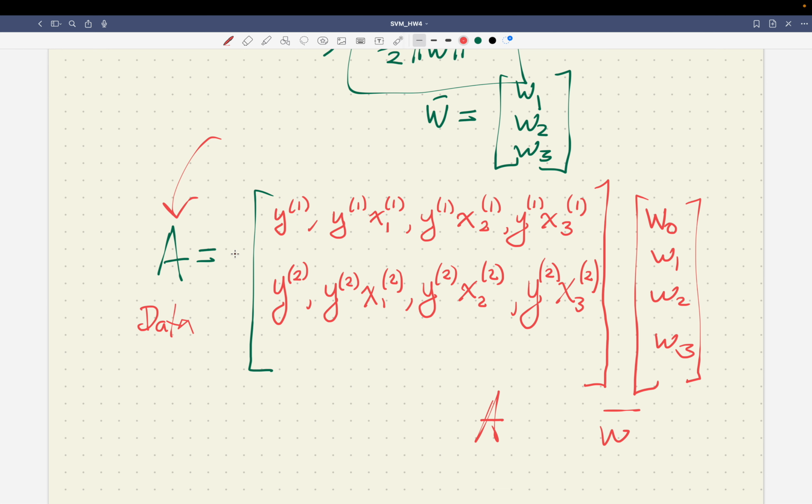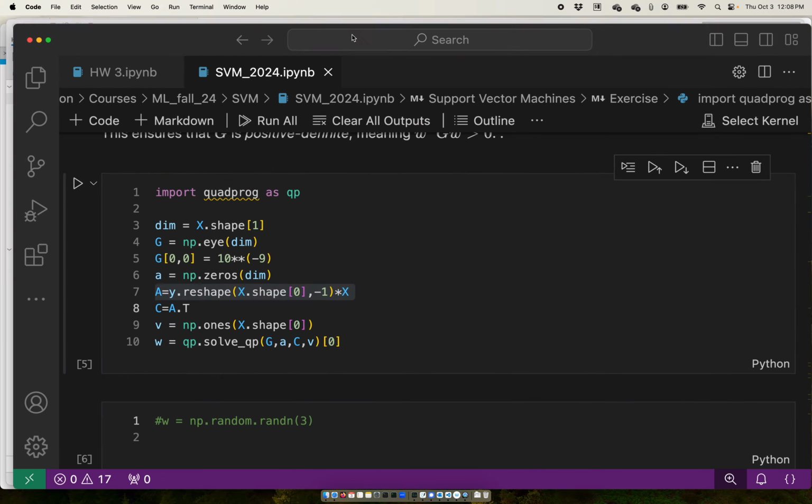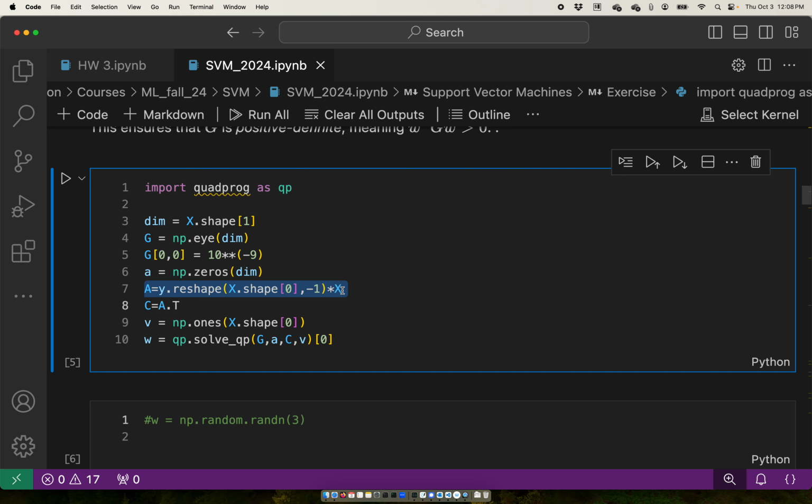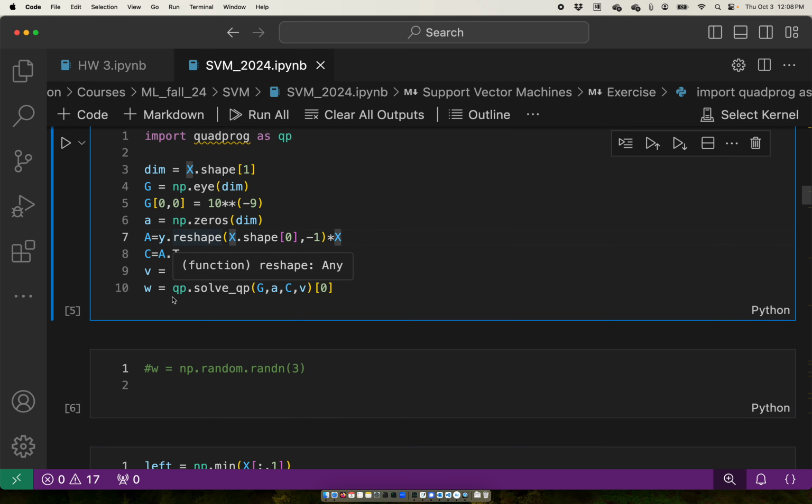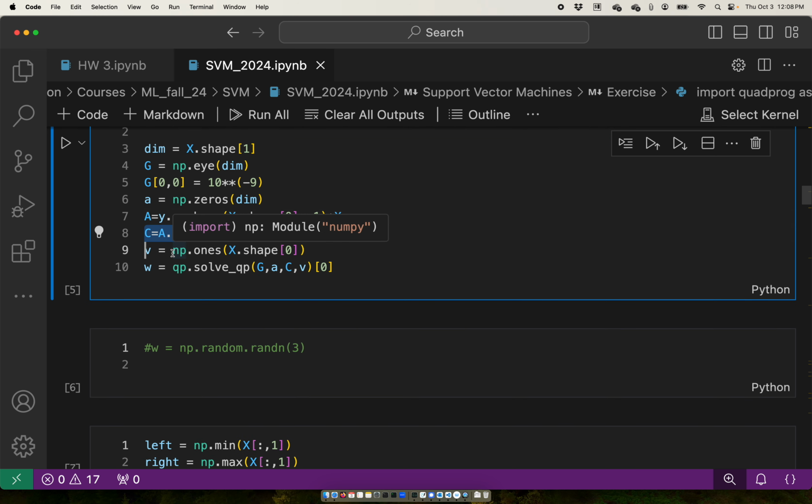It would be like a broadcast operation, which we haven't talked about too much. But for every row, you can sort of factor out the scalar y. I think you can see that. And then we multiply times the X matrix. Now, for whatever reason, the quadprog solver, because of some quirk of its own, prefers to take the transpose.